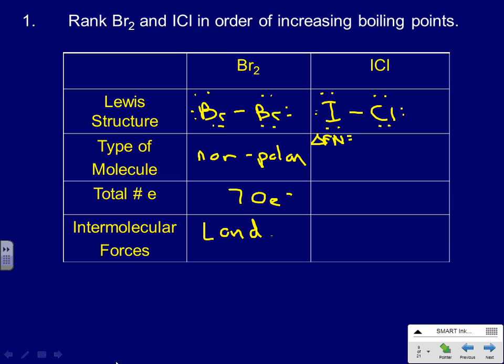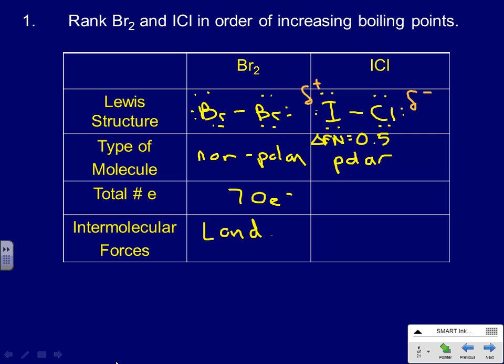Yep. 0.5. Even according to our new textbook, that would still fall right on the dividing line. We're going to use 0.2. So what does that make this thing? Yeah, it makes it polar. And you don't have to include the dipoles, but I'm thinking the chlorine has the higher electronegativity, right? It's closer to fluorine. So this one's going to be delta negative, and this one's going to be delta positive, just to kind of frame it with what we did yesterday.